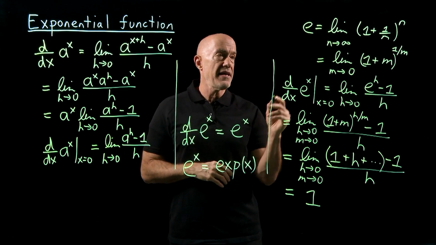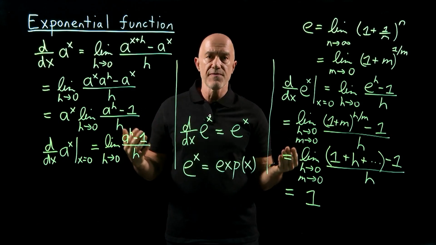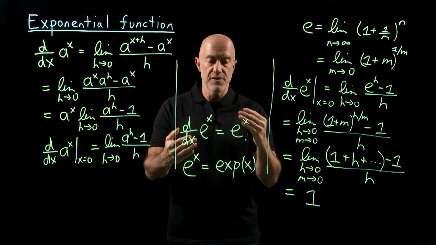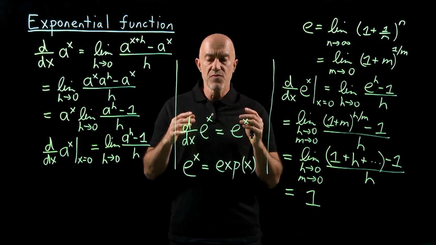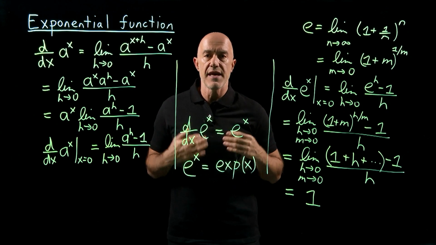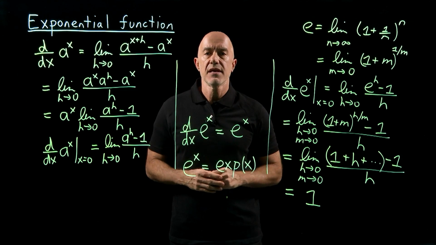That number is a equals e, Euler's number. And then we have the beautiful expression that the derivative of e to the x is equal to e to the x. That's why the exponential function exp of x equals e to the x has a central significance in calculus.